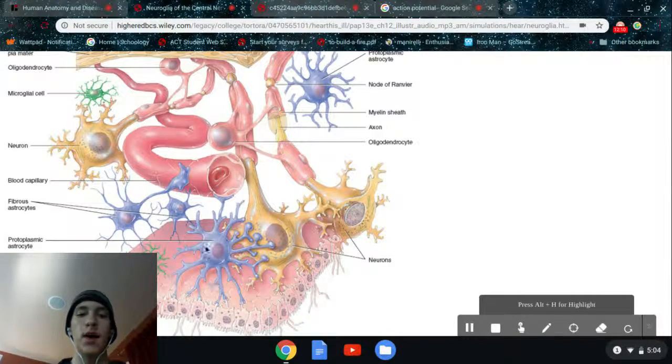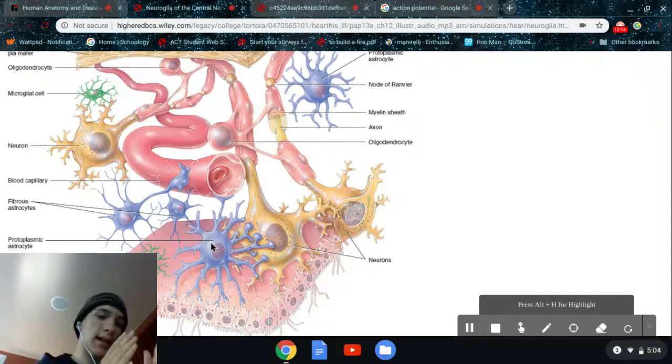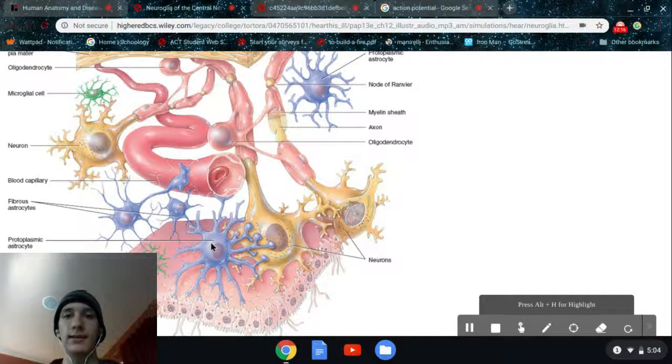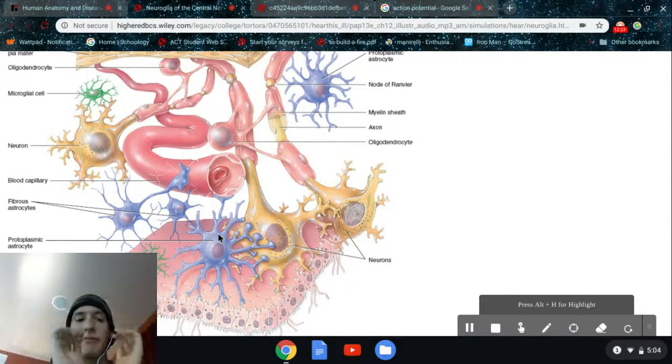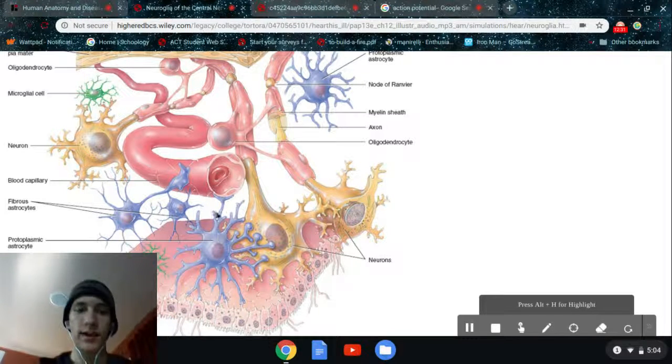Astrocytes, star cells. Astrocytes give structure and rigidity to your brain, so that it's not syrup all the way through. It's actually got some structure. That's the astrocyte's job. They also maintain the blood-brain barrier.